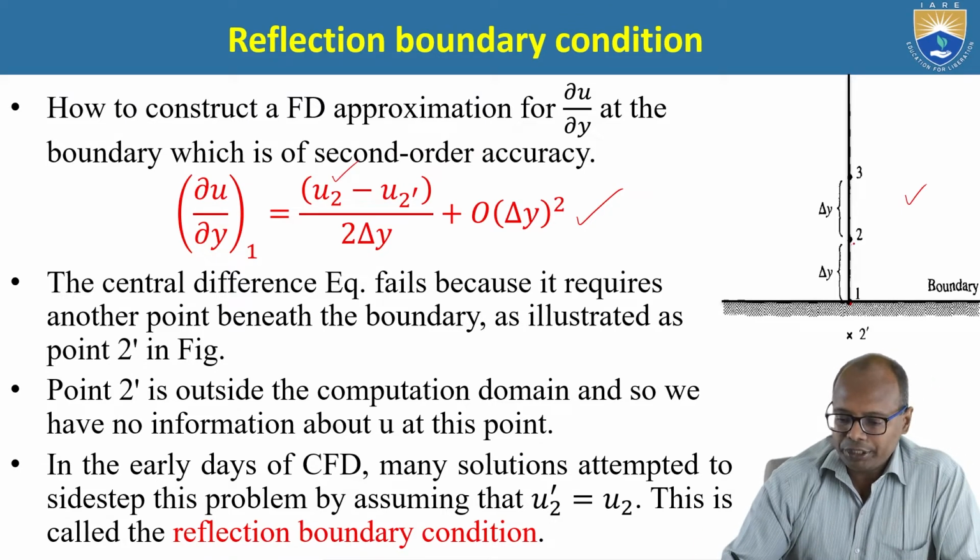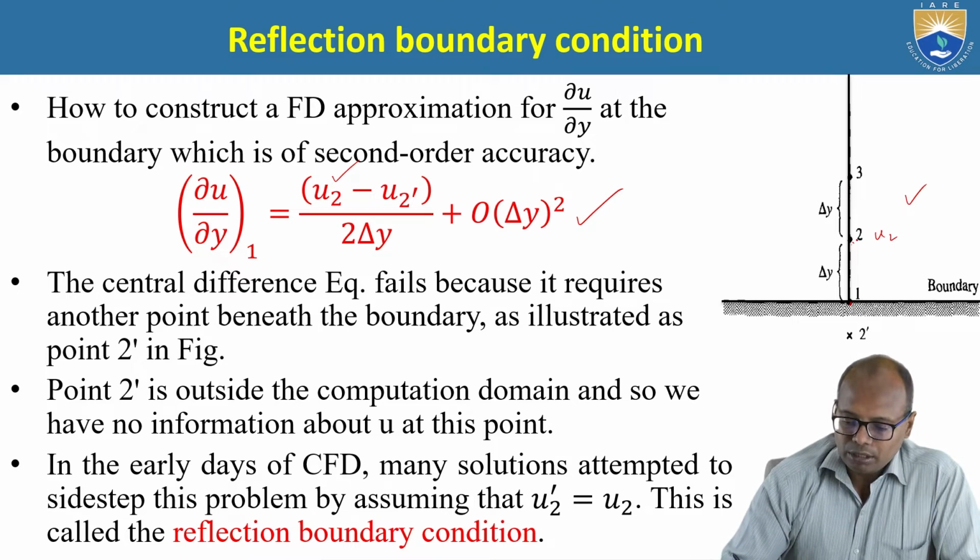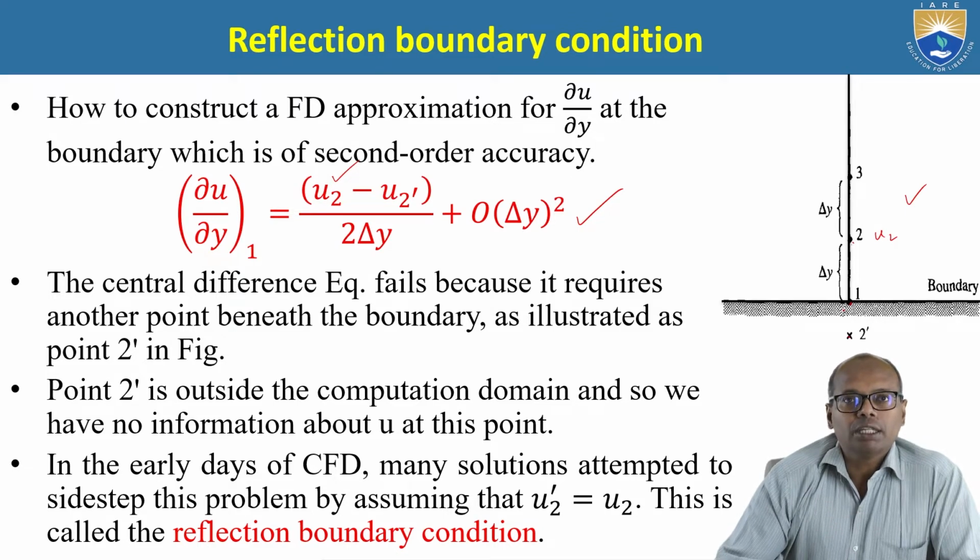Here u2 is at point 2, so here I will get u2. But if I want a value at this point, which is at 2 dash, outside the boundary, whose values we don't have, then in this kind of scenario our Taylor series fails.